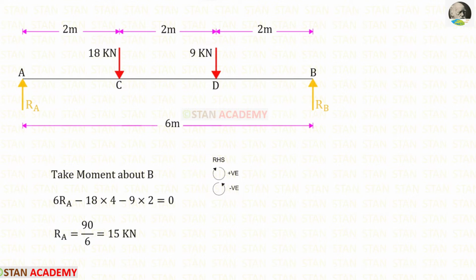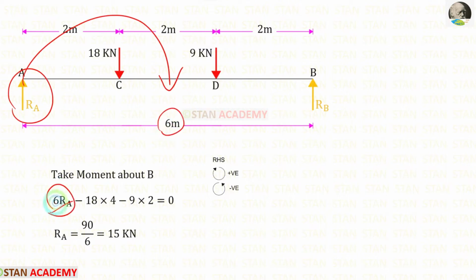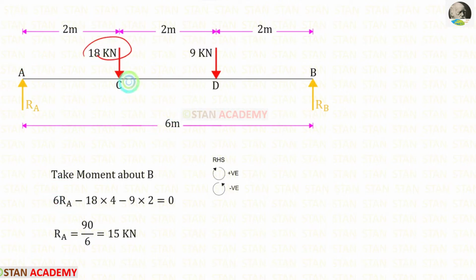Let us take moment about B and find RA. In this case, we have to use the right hand side rule, clockwise positive and anti-clockwise negative. RA is acting in the clockwise direction, so it will be positive and the distance is 6, so 6 RA. This load is acting in the anti-clockwise direction, so it will be negative and the distance is 4.